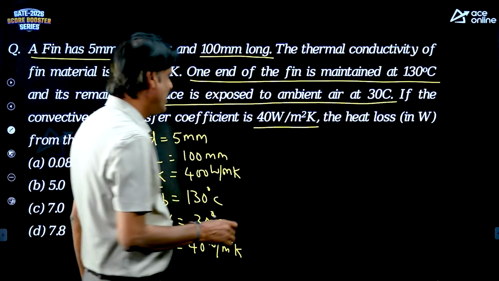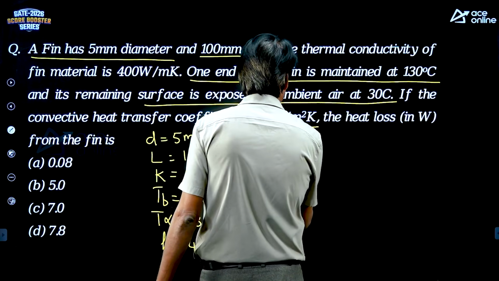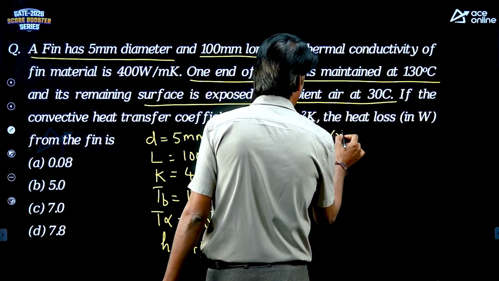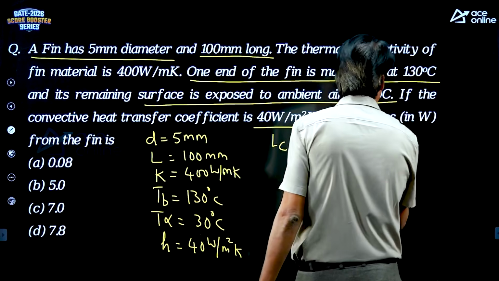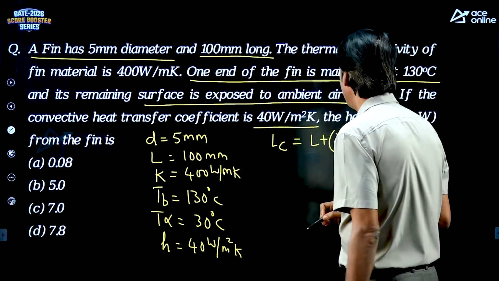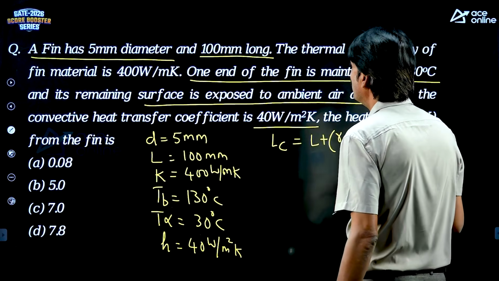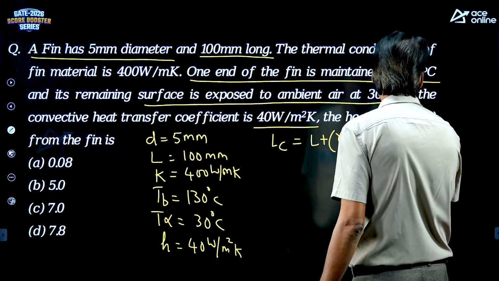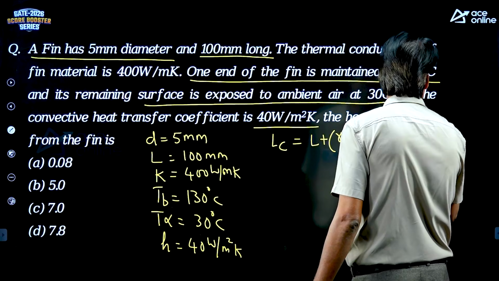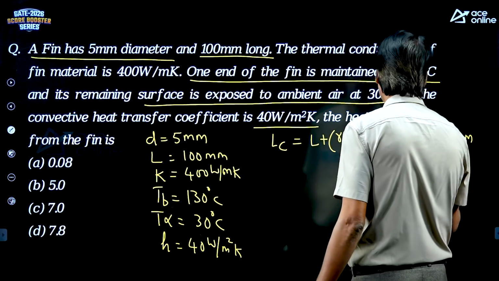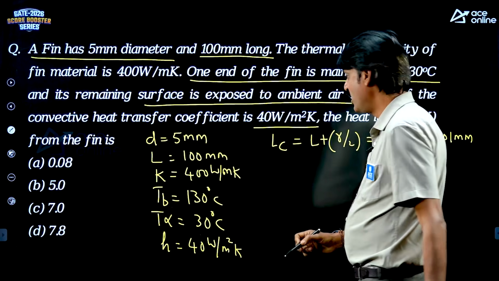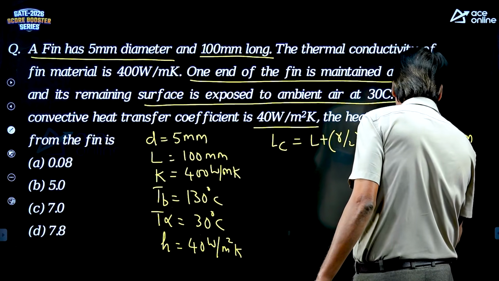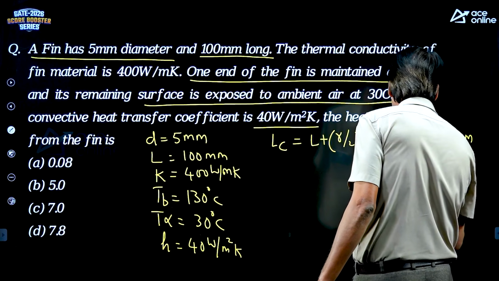basically what you have to do is go with the concept of correction length, right? L plus R by 2, which is equal to 100 plus its radius 5 by 2, so 101 mm will be the length. Now the fin can be assumed to be a short fin with insulated end at its tip.